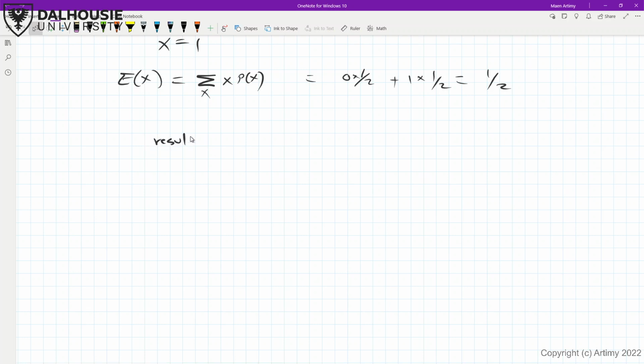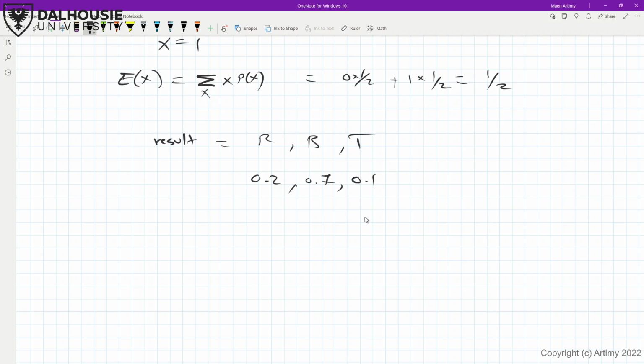I can also say in a game, the result of a game will be red or blue or tie, right? If the probability distribution for such a game is 0.2, 0.7, and 0.1, right?